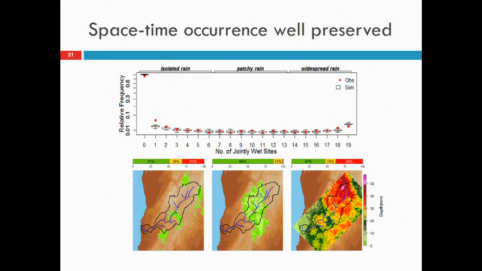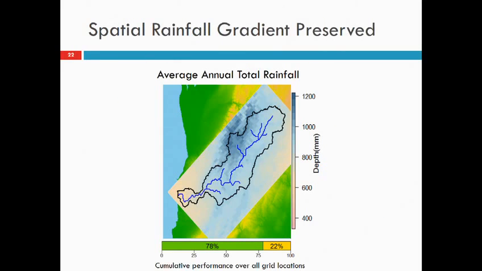Moving to the spatial performance, we looked at the number of jointly wet sites in terms of the relative frequency the model predicted, and we're doing pretty well for isolated rain, patchy rain and widespread rain, which is good because it's reproducing those behaviours across the board. We also managed to preserve the spatial rainfall gradient, comparing the average annual total rainfall at each site.